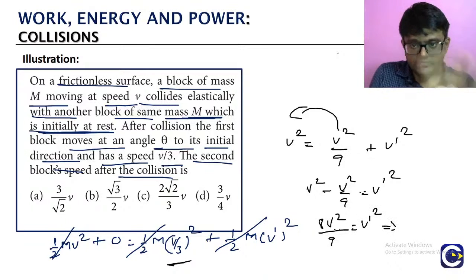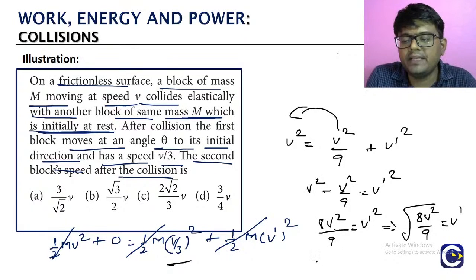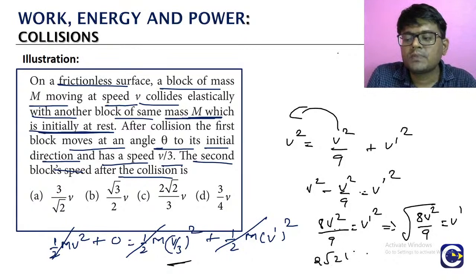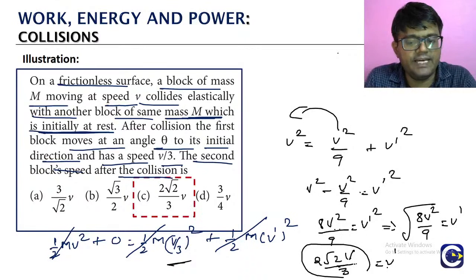Take the square root of 8v square by 9, that is our v dash. Square root of 8 is 2 root 2 v, square root of 9 is 3. So 2 root 2 v by 3 is our v dash.